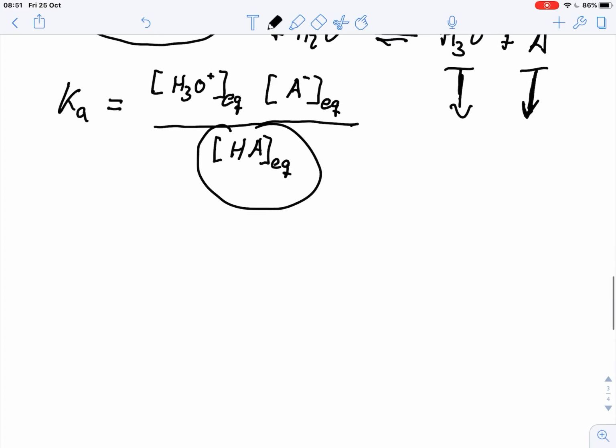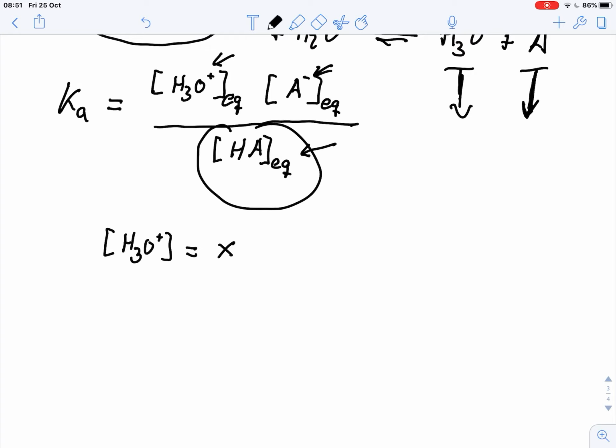So naturally, we do not know what this equilibrium concentration of the acid is. We also don't usually know what this proton concentration is, but we know that the proton concentration is the same as the base concentration.